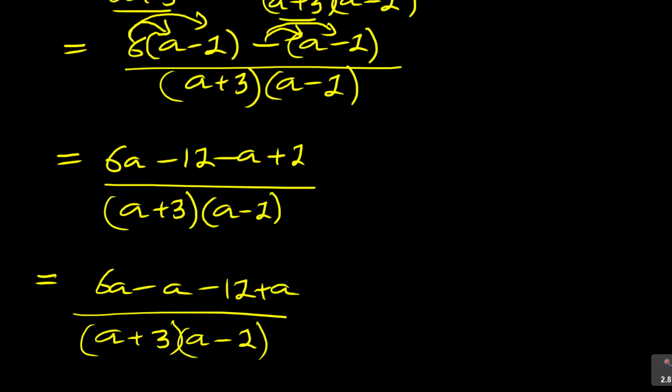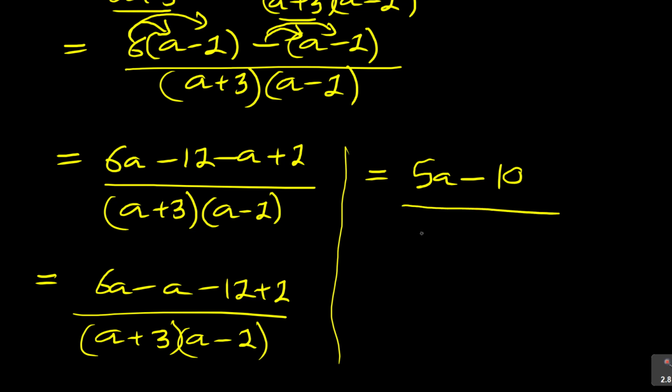To wrap this up, which is equal to 6 minus a is 5a, minus here is plus 2, minus 12 plus 2 is negative 10 over a plus 3 and a minus 2.